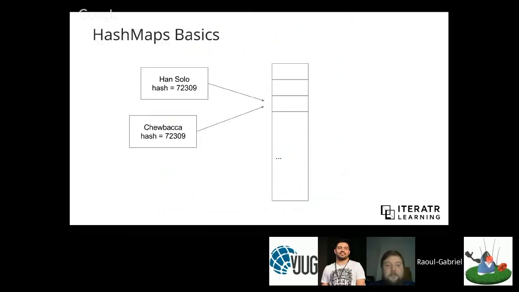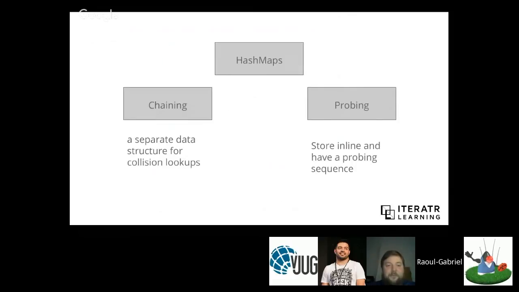So we need a way to be able to resolve those collisions. There are two approaches available to resolve collisions. One is called chaining, where the hash map will have an underlying data structure to be able to resolve and look up collisions. Another one is called probing, where you store all the elements inline and you have a sequence to be able to identify what's the actual element that you'd like to return.